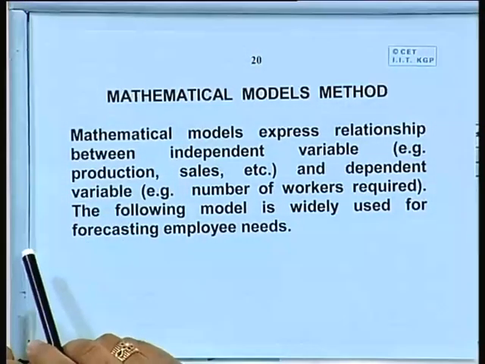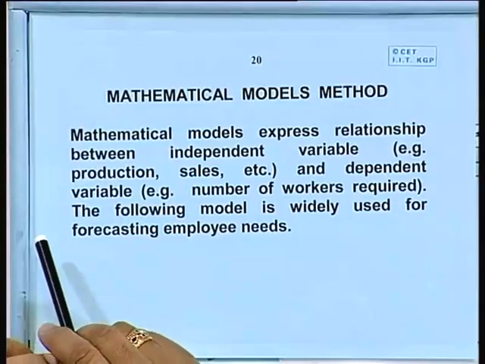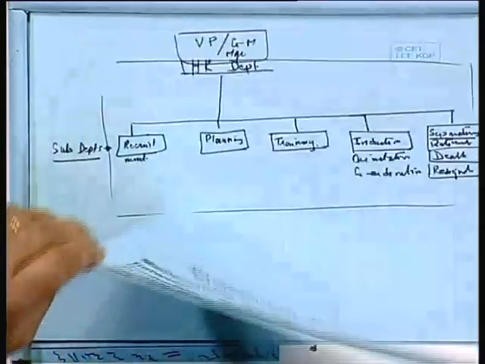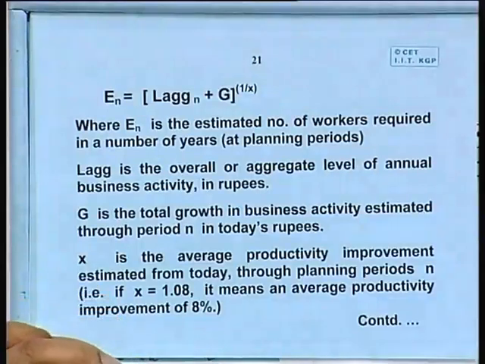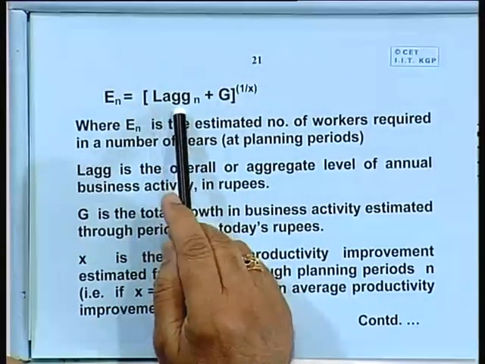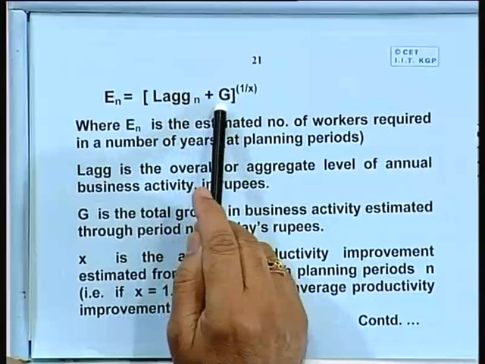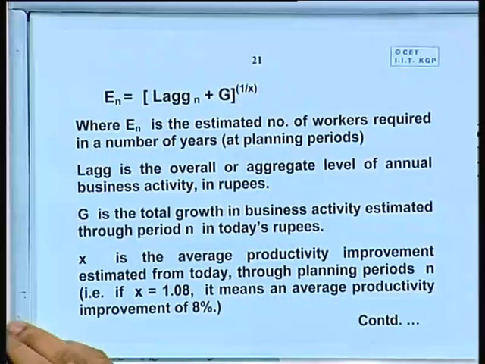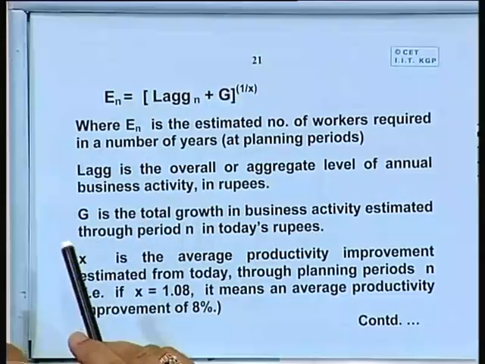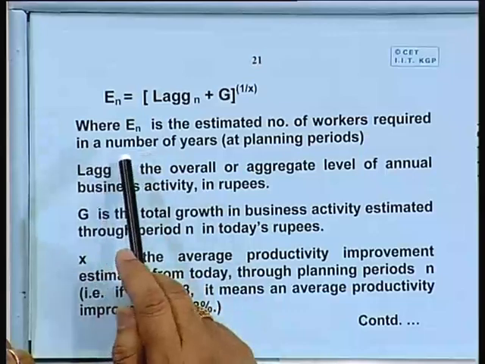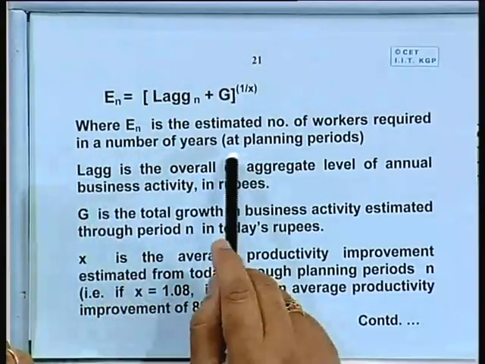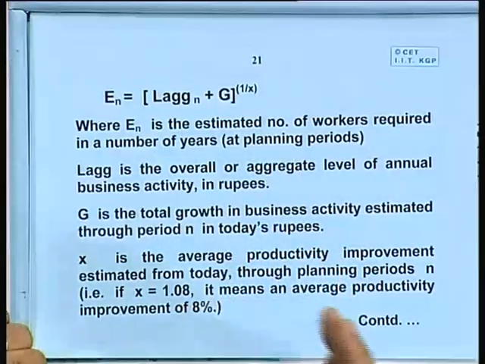The following model is widely used for forecasting employee needs, and that model is expressed as En = E_n (1 + g)^(1/x), where En is the estimated number of workers required in a number of years, that is at the planning periods, maybe 1 year, 3 year, 5 year, 3 periods you are taking.